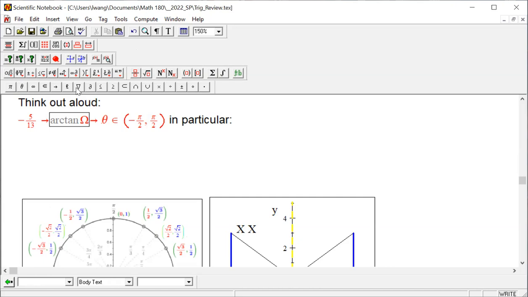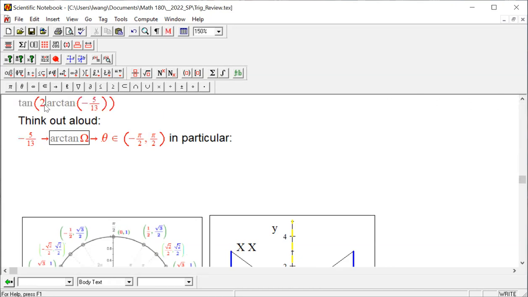If I assume this angle equals theta, it is going to be in the fourth quadrant, meaning that it's between -π/2 and 0.